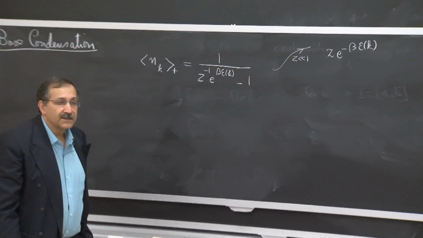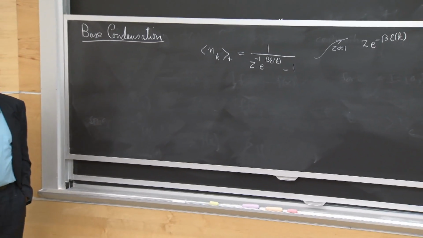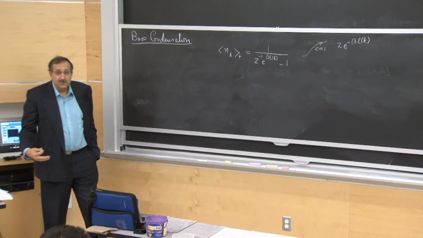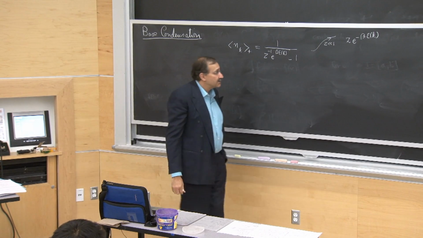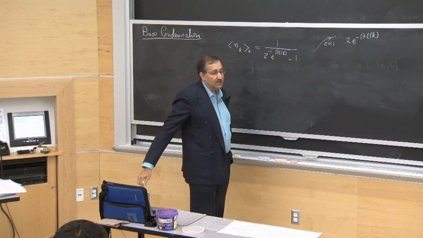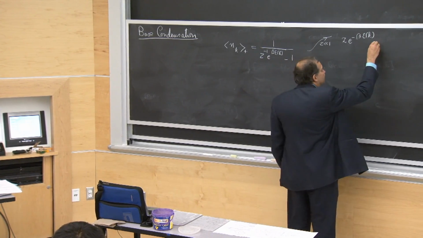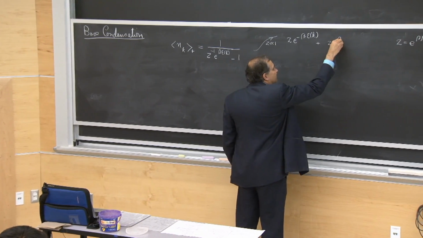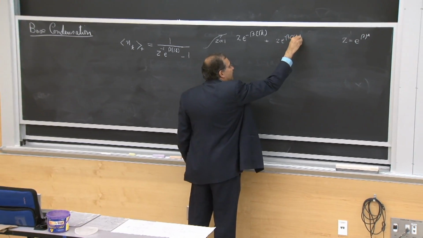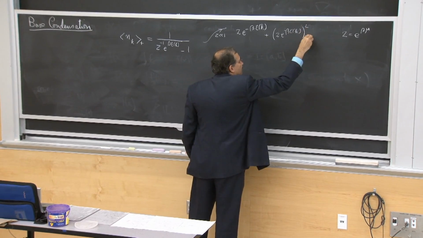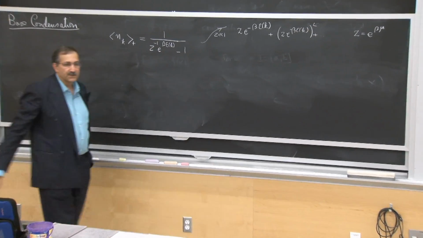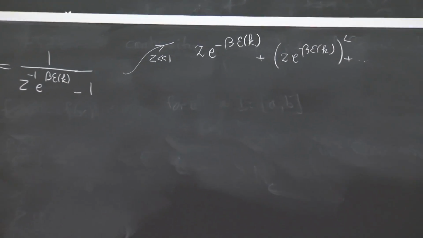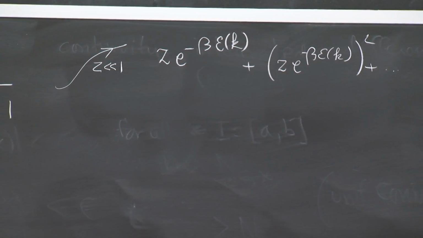So it looks like a standard Boltzmann weight that we would use in classical statistical mechanics. But then there are higher order terms, and in particular, there would be a correction that is e to the minus 2 beta epsilon of k, and so forth, that would modify this result.